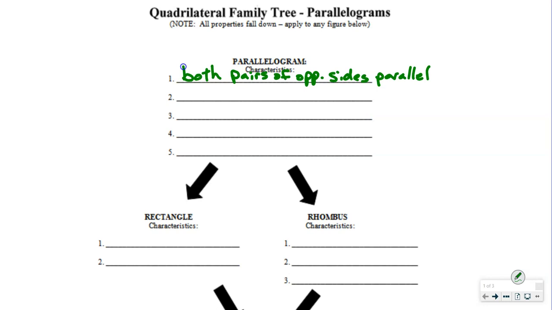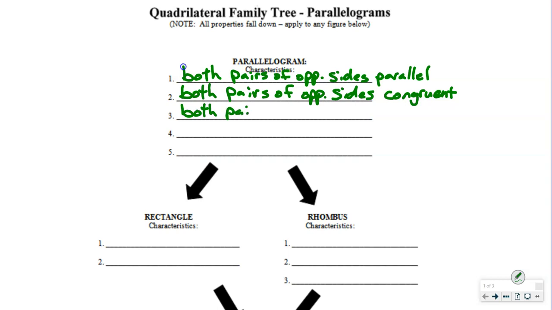Both pairs of opposite sides congruent. Both pairs of opposite angles congruent. Diagonals bisect each other.